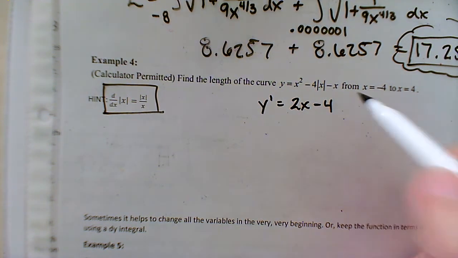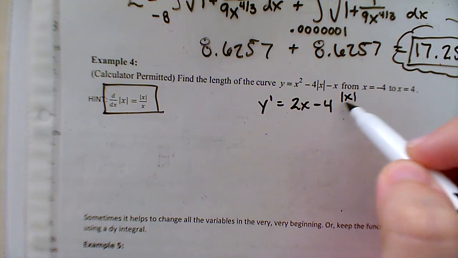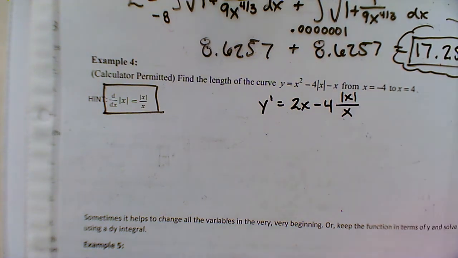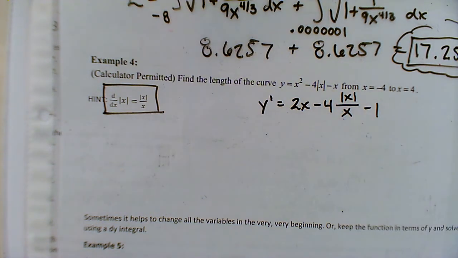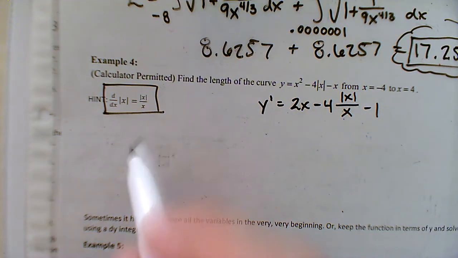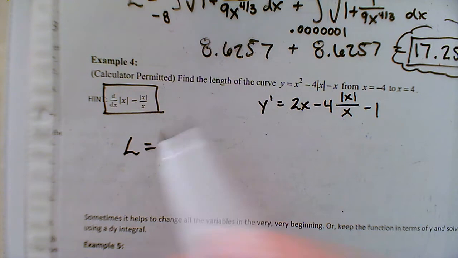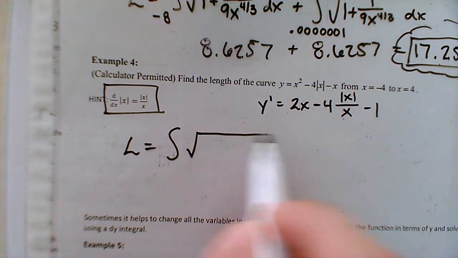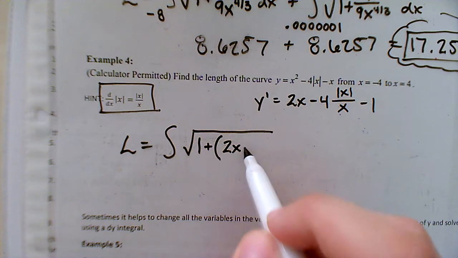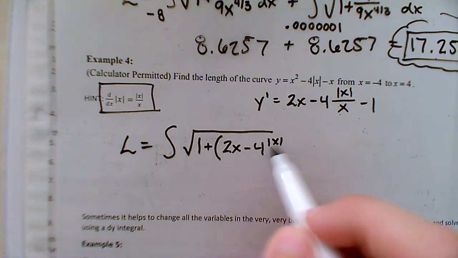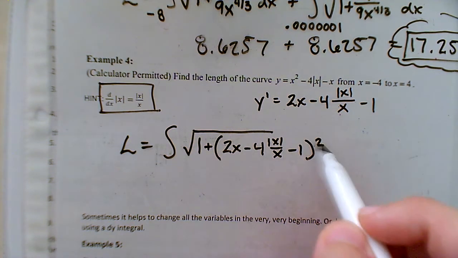The derivative of an absolute value is the absolute value over x, and then our last derivative would be -1. So in terms of our length, we would need the square root of 1 plus this whole derivative squared.